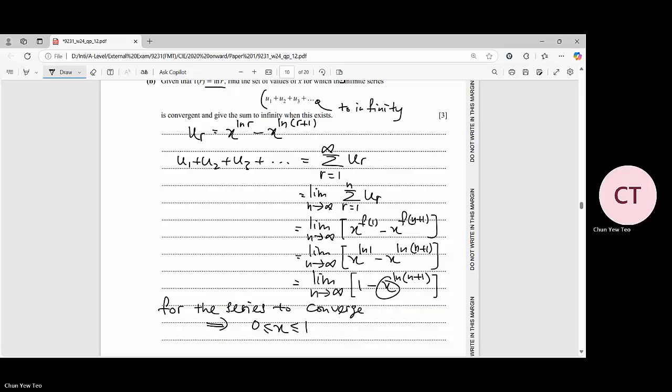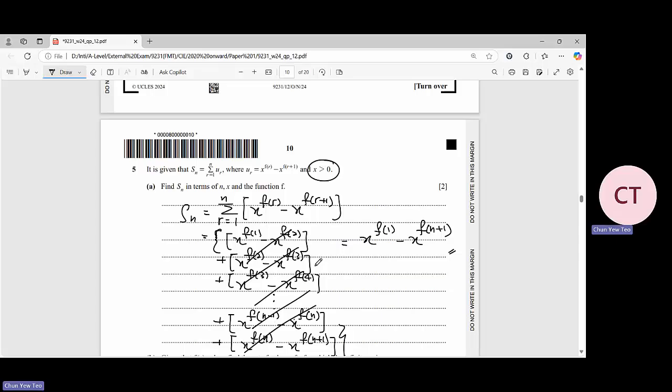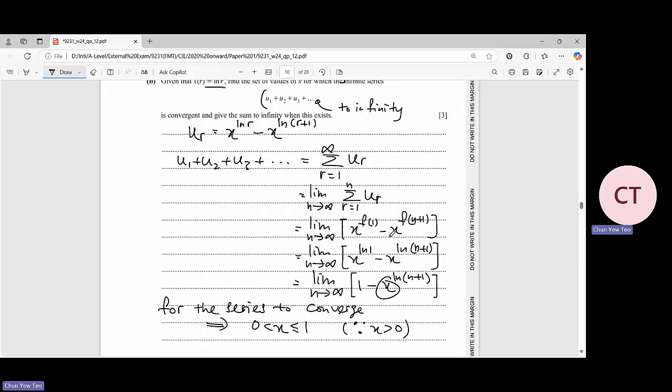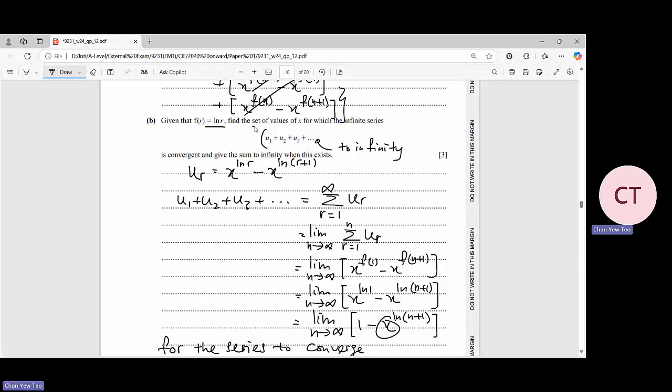Over here, we need to take away the equal sign because x is greater than 0, as stated over here. So this is the answer. They want us to find the set of values of x for which the series converges. Oh, we need to find the sum to infinity as well.